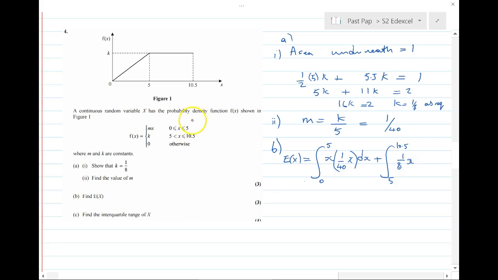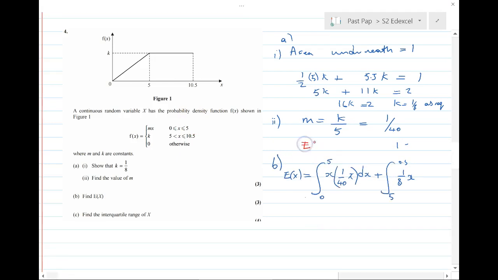We're basically using the formula E(X) equals the integral from minus infinity to infinity, as written in the formula book, I believe, of x f(x) dx. But because the rule changes for different values, that's why we've got these two integrals with different limits on it.